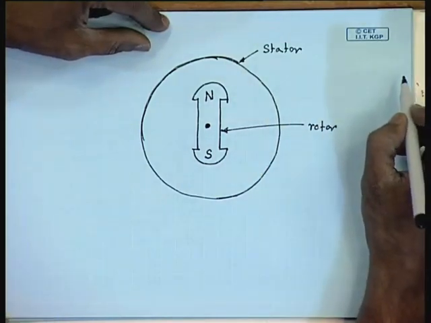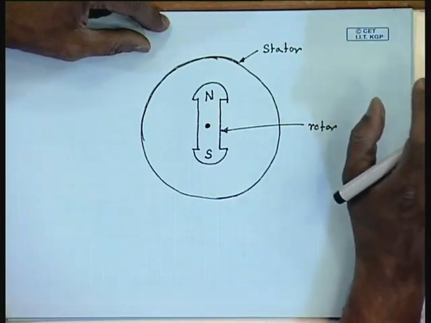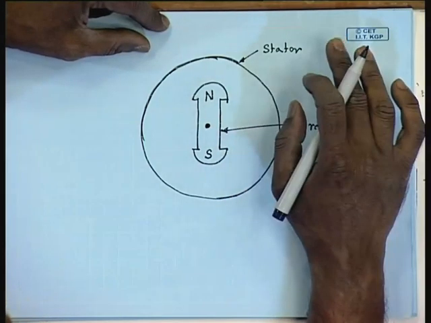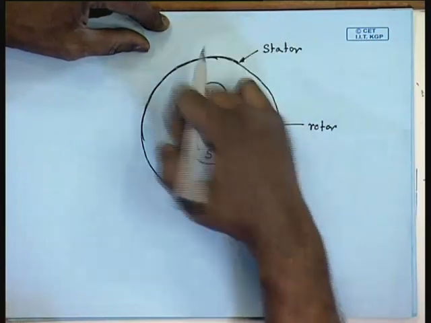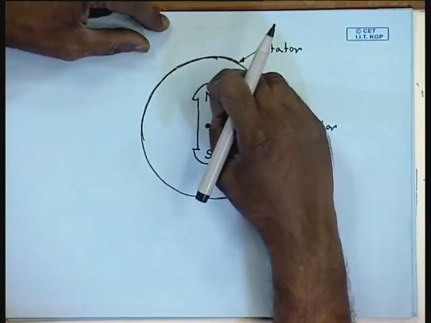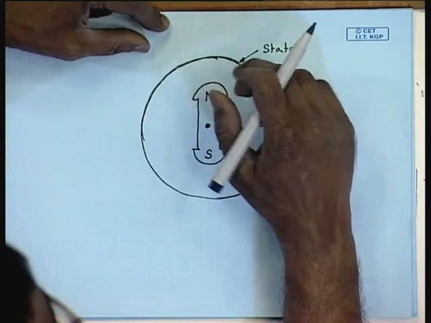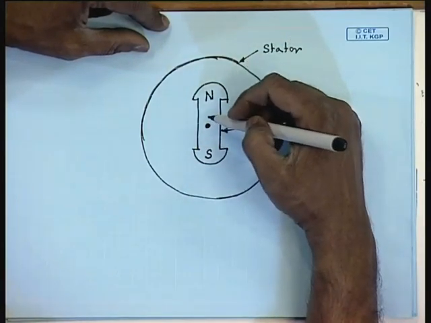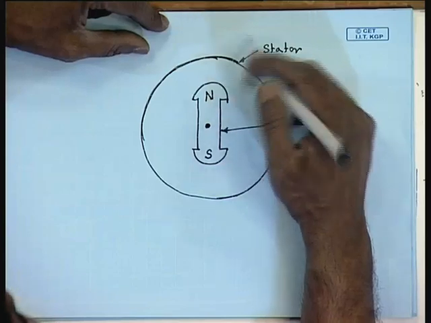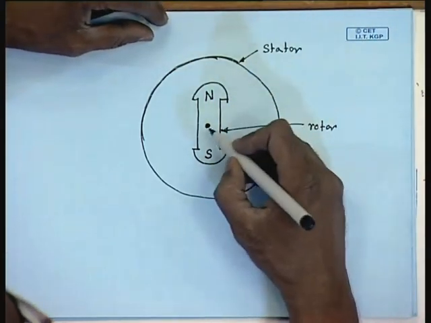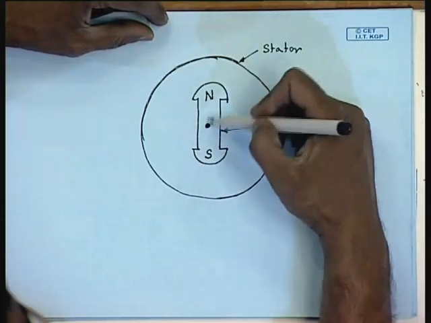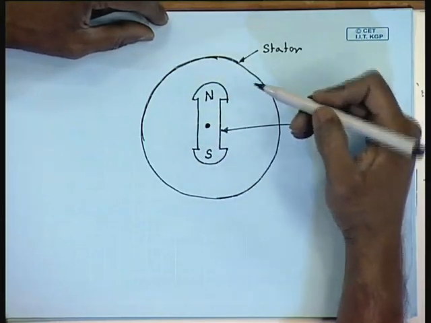Every electrical machine will have these two components. However, their placement may not exactly be like this. There are some constructions where the rotor is outside while the stator is inside. These are called inside out construction. However, more often than not the rotor will be inside the stator. Now, let us see how we can make this rotor rotate.